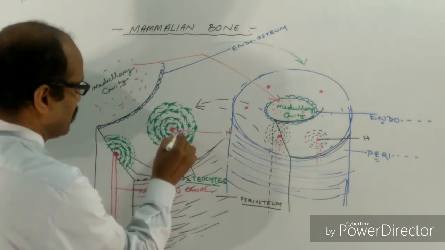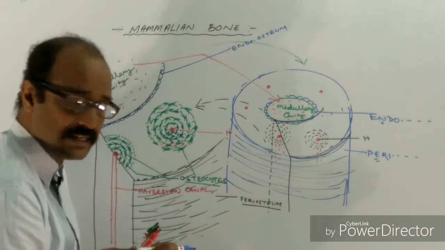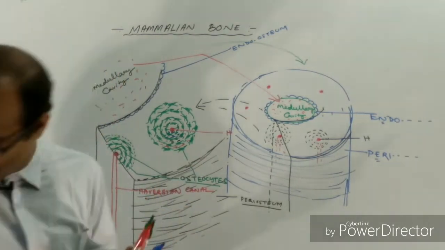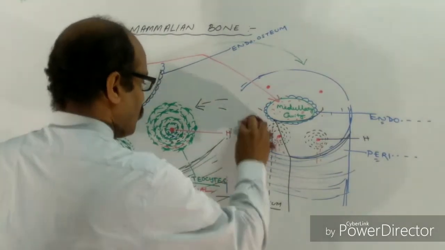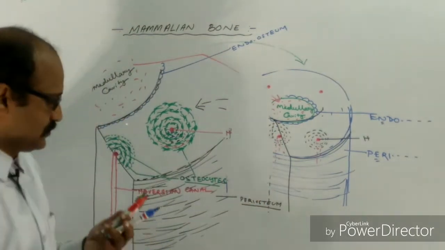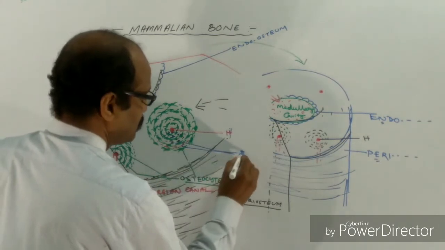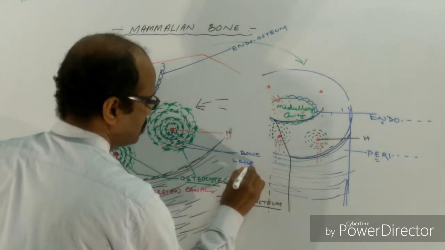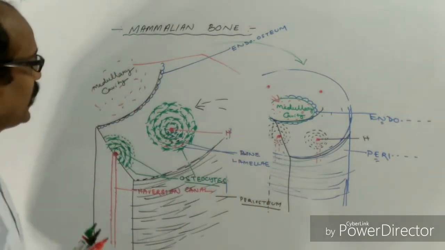Suppose that these are the number of plates, and these are known as the bone lamella. In plural, these are known as the bone lamellae.